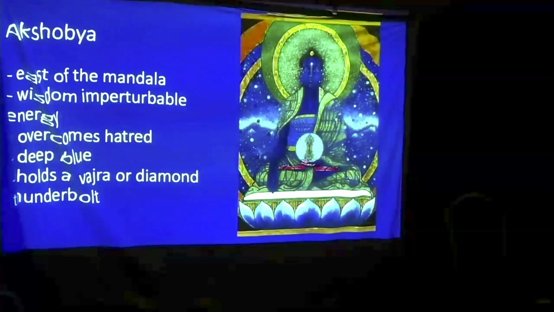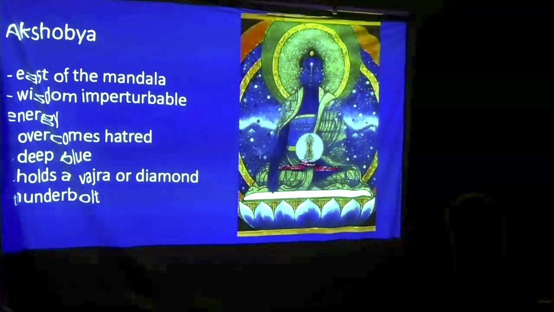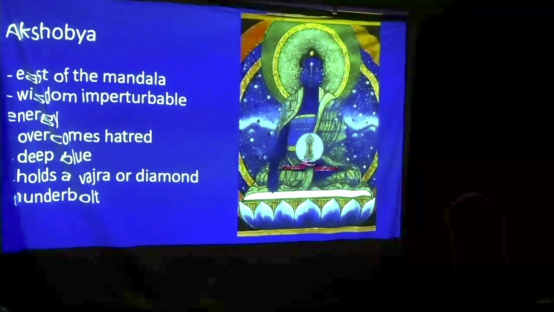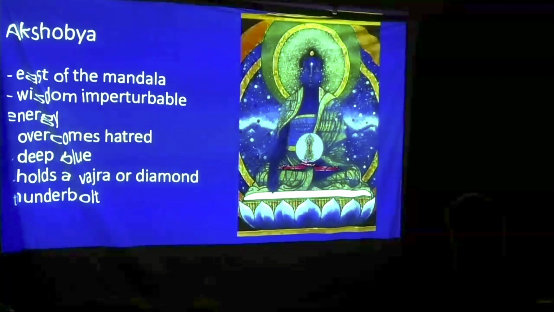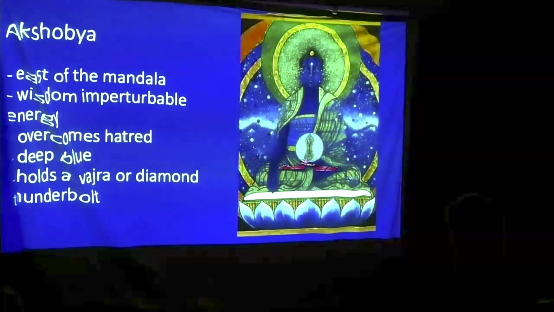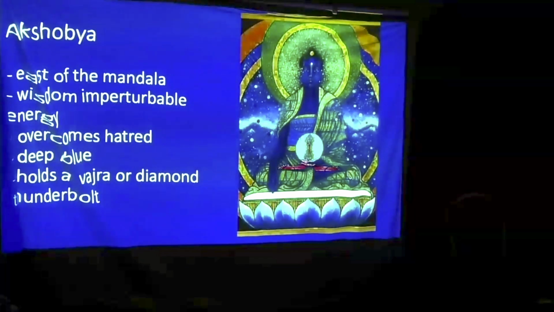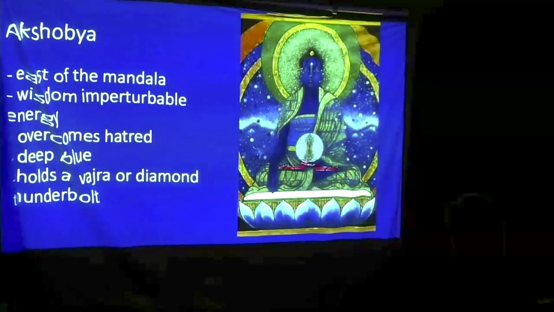And there's something about the blue color, which I also really love. There's something very, very deep, unfathomable about that blue. So the Vajra holder is in the east, and he's known as Akshobhya, the unshakable, the imperturbable.